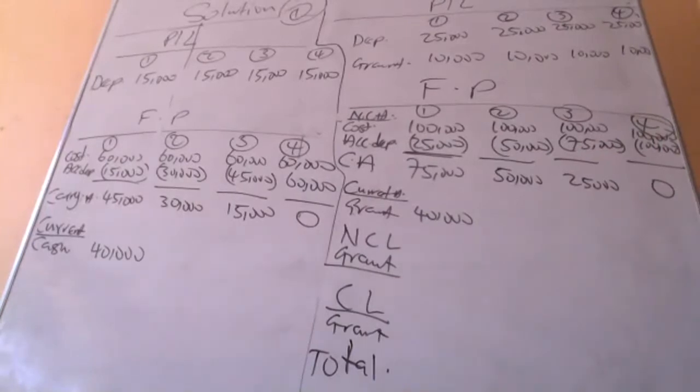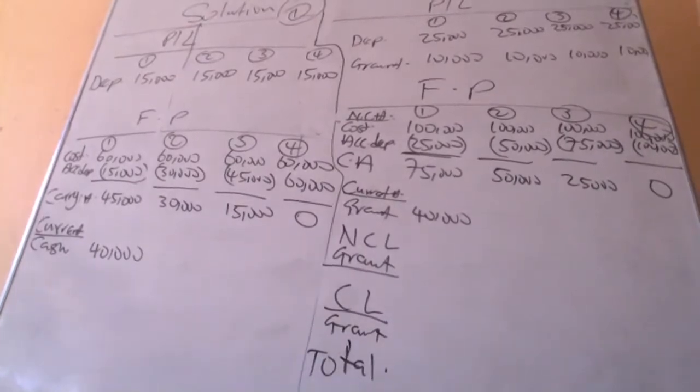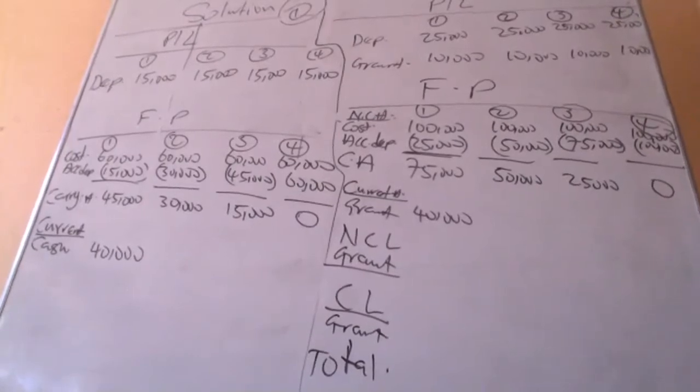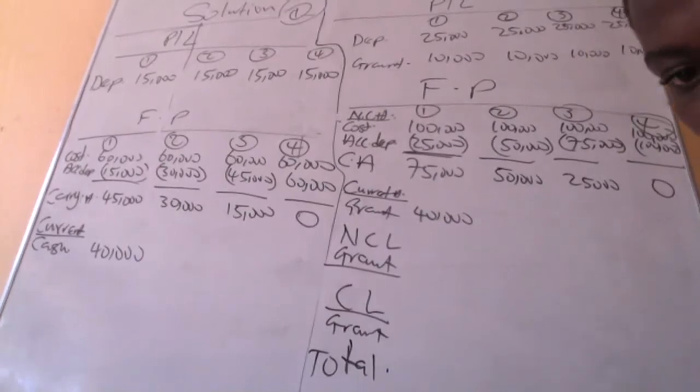Now everybody will respond because this is an interesting area. The entire grant will be set aside as a liability. We will defer the grant. We put a grant here and every year a portion is released. So the entire grant received is how much?